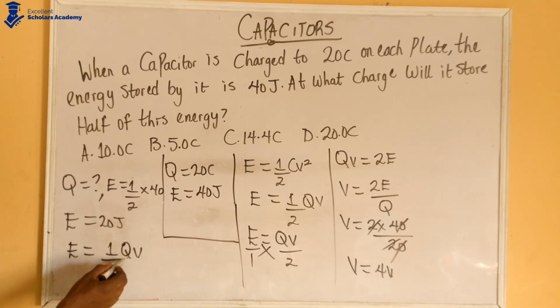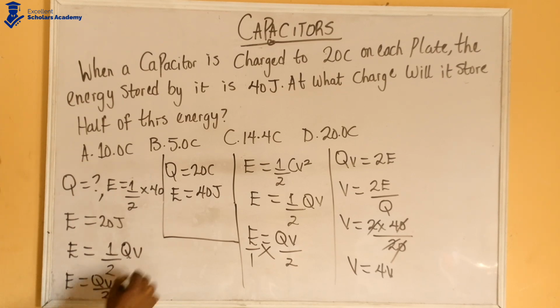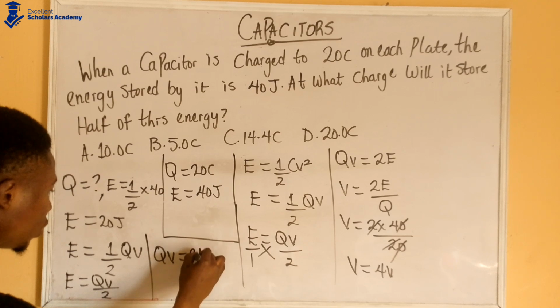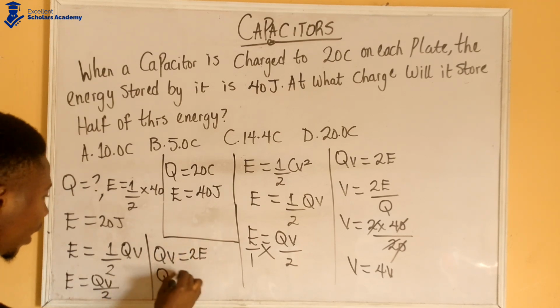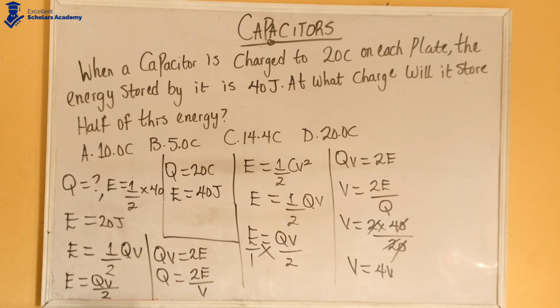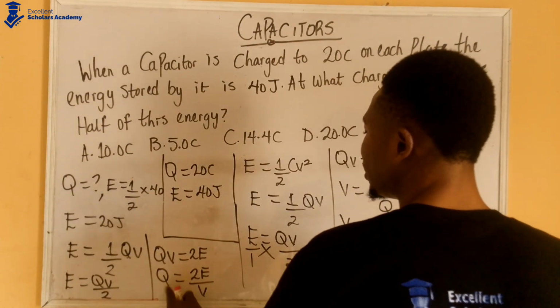So we're going to make charge the subject of the formula here. You can also write this E as QV over 2. Cross multiply, you're going to have QV is equal to 2E. To make Q the subject of the formula, you're going to have 2E over V. Right? 2E over V.